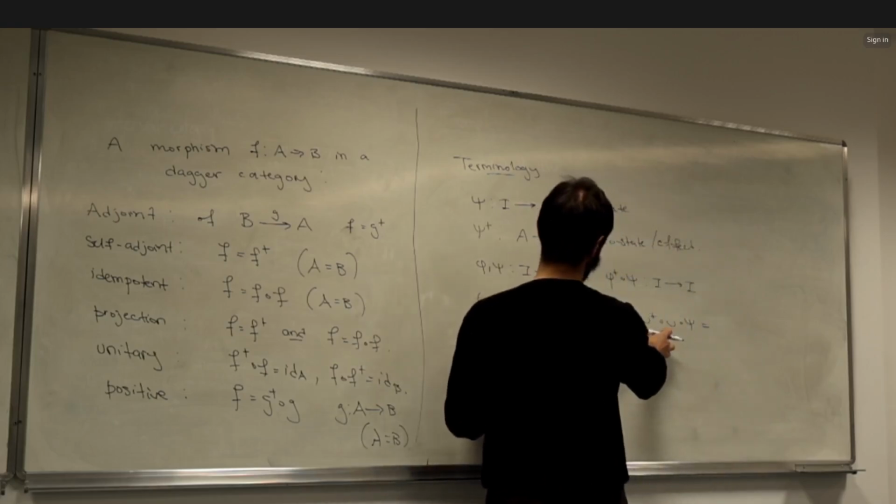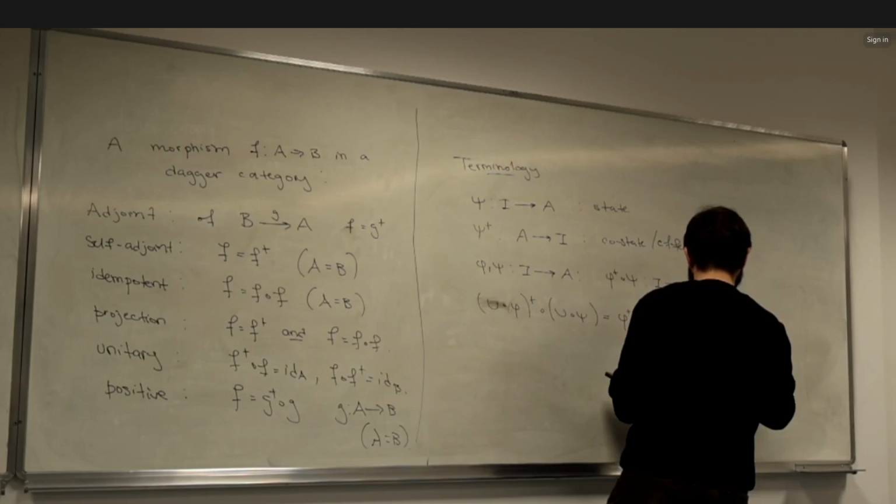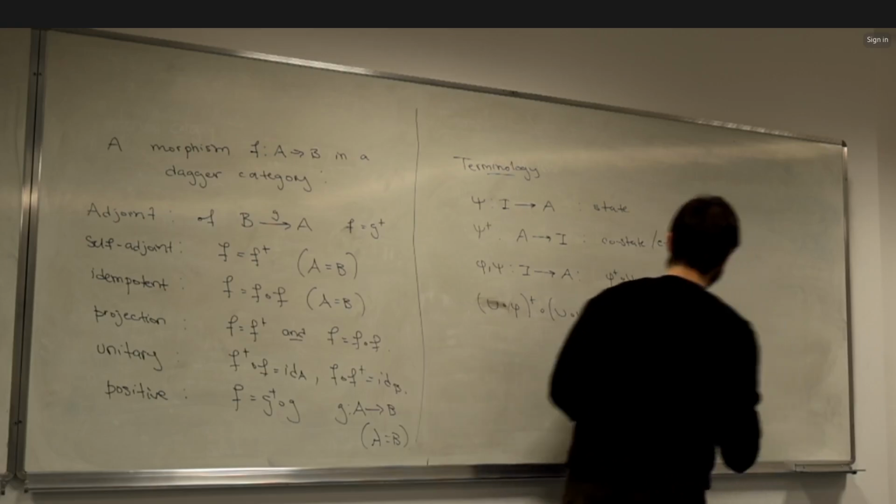So this is equal to identity, and we have that this is phi dagger psi.